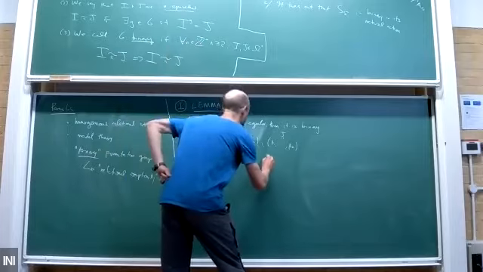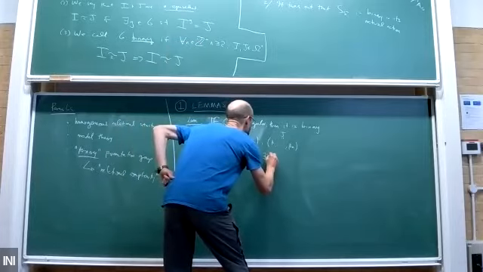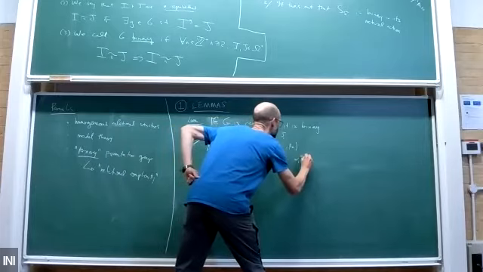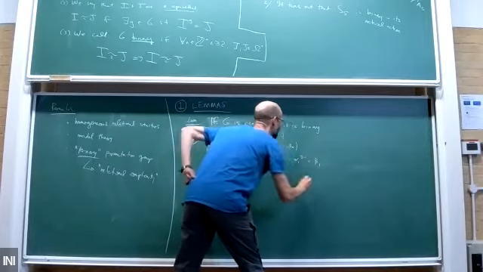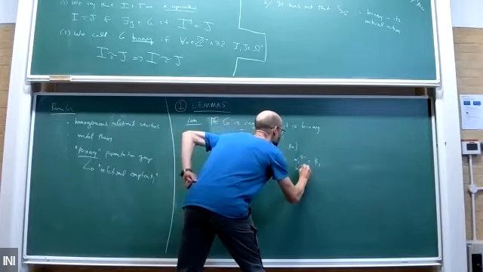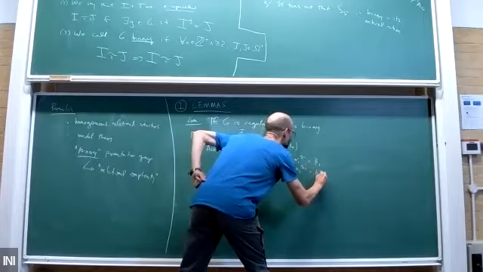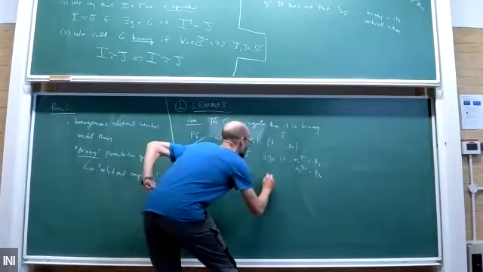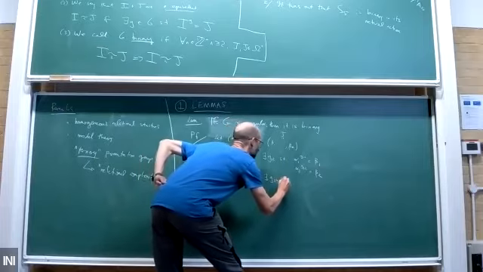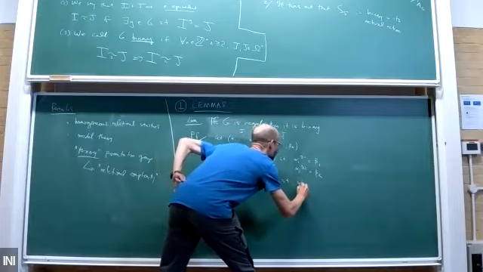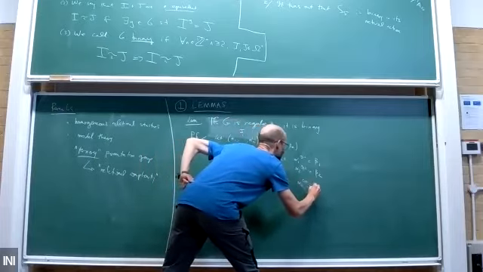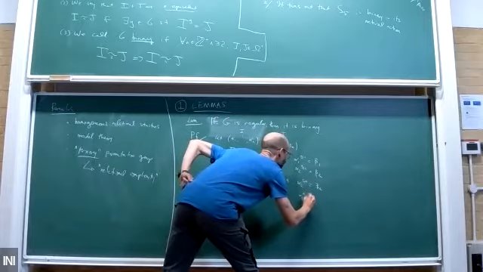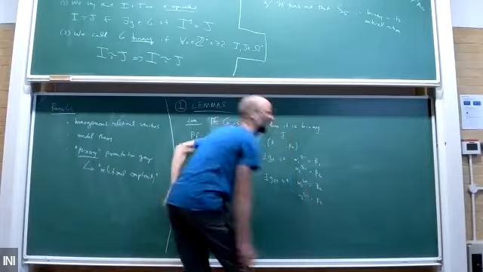Well, it means in particular that there exists a g12 such that alpha 1 to the g12 is equal to beta 1, and alpha 2 to the g12 is equal to beta 2. Similarly, there exists a g23 such that alpha 2 to the g23 is beta 2, and alpha 3 to the g23 is beta 3, and so on and so forth.